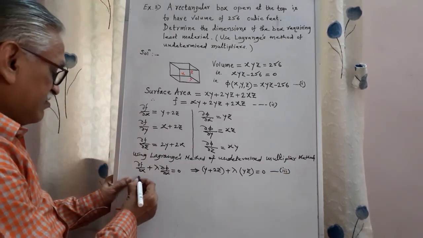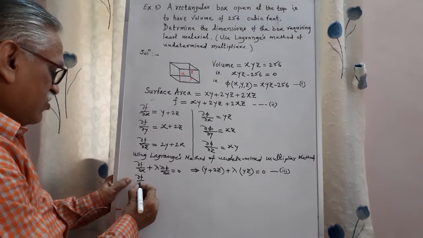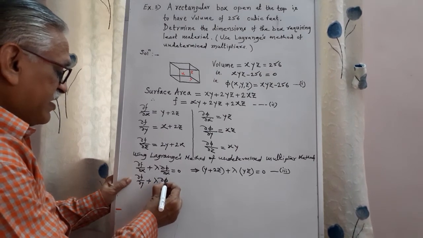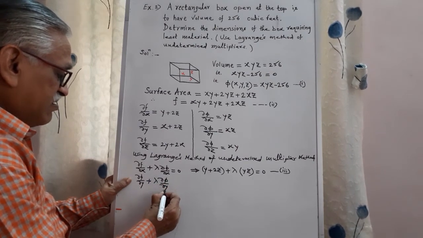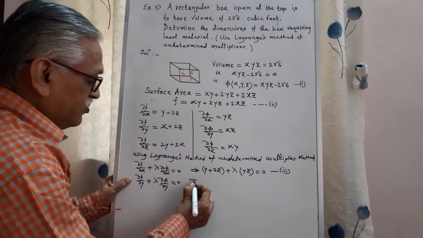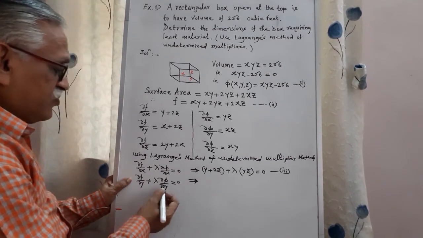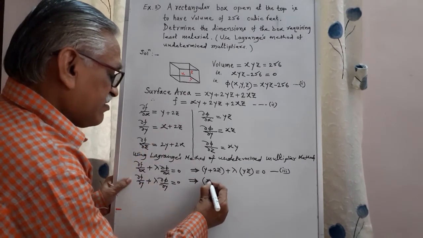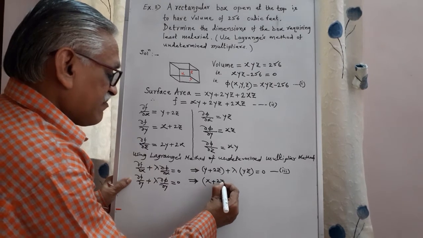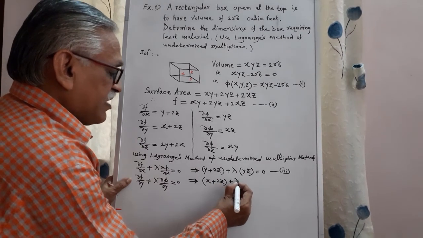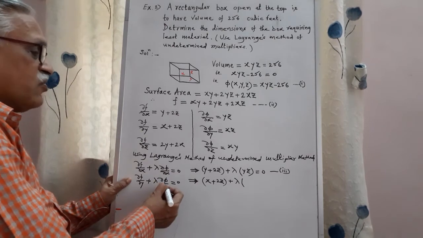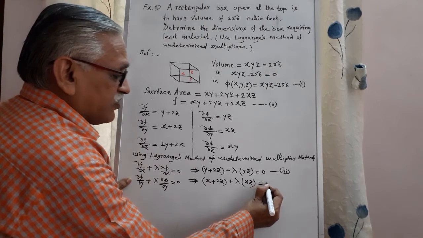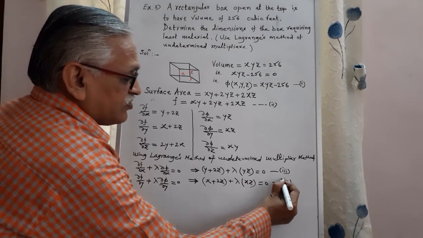The second, dou f by dou y plus lambda times dou phi by dou y equals 0. If you put these two values here, dou f by dou y is x plus 2z plus lambda times dou phi by dou y, it is xz, equals 0, equation number 4.